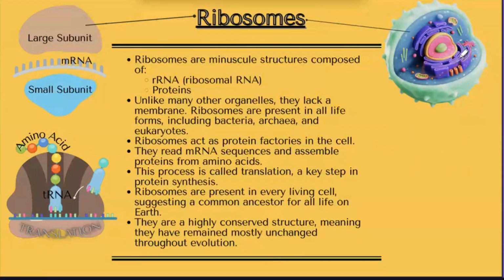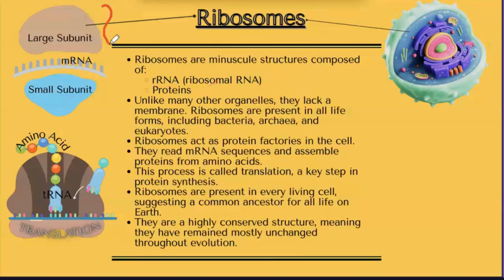So the rough ER is going to have ribosomes on them, and the smooth ER is not. And when it comes to ribosomes, they can be free floating outside in the cytoplasm here. That's where you see these little microscopic dots, or they can be on the endoplasmic reticulum, which is the purple-like structure, essentially making them the rough ER. So ribosomes are these really tiny structures, and they're composed of two things: RNA, or ribosomal RNA specifically, hence rRNA, and proteins.